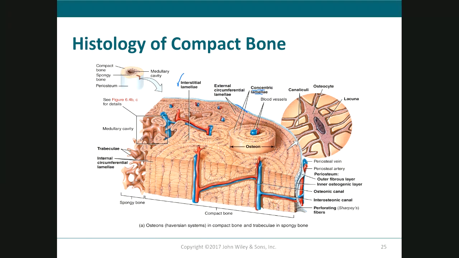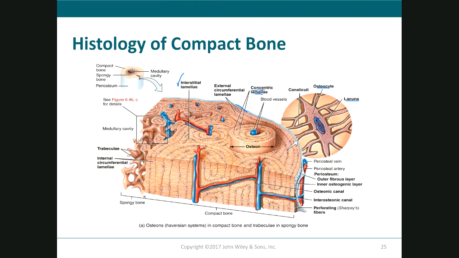So let's look at a close-up of one of these spaces of the concentric laminae. We see these little spaces called lacunae. And within the lacunae is where the mature bone cell exists, the osteocyte. You can see it right here. So this is maintaining the health of the compact bone tissue.